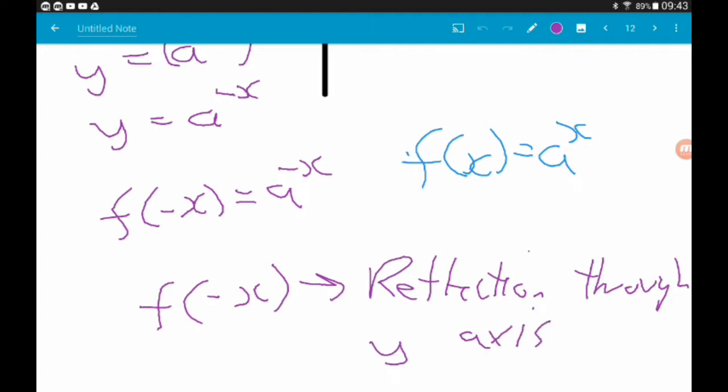So that's why we get a reflection of these curves through the y-axis. So y equals 1/2 to the power x and y equals 2 to the power x are reflections of each other through the y-axis, because one is f of minus x and one is f of x. Good times. Okay, now we're going to look at the special case.